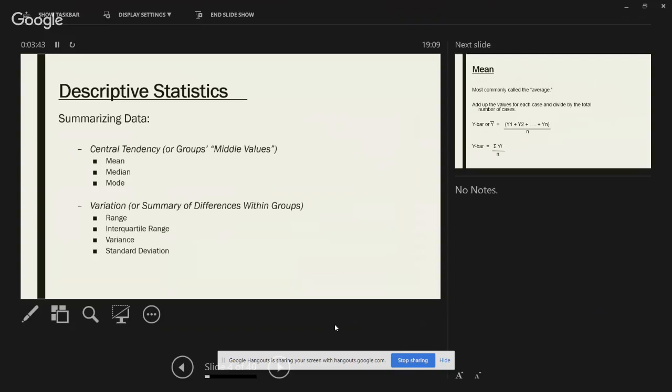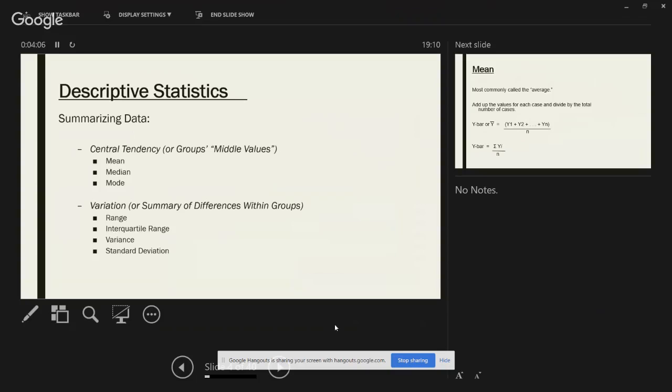In descriptive statistics, there are two things we can summarize it into: one is central tendency, and another is variation, which is also known as the difference within the groups.